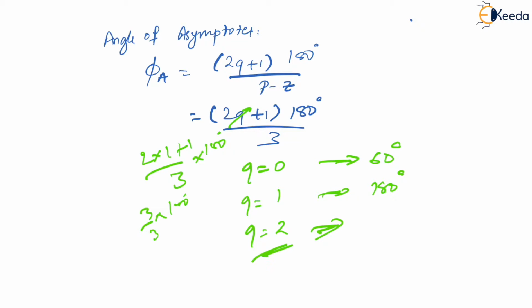Then if I put q equal to 2, it becomes (2 into 2 plus 1) upon 3 into 180 degrees. 2 into 2 is 4, 4 plus 1 is 5, 5 by 3 into 180, which is equal to 300 degrees. So you understand the asymptotes which are there.